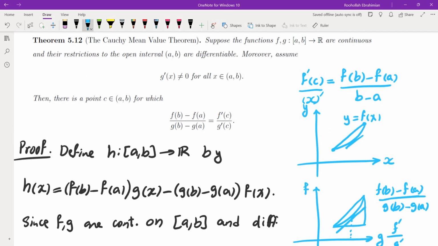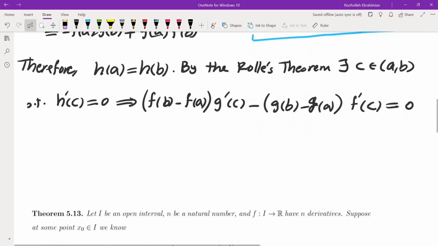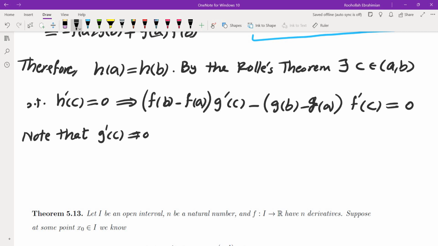Well, we are told that g' is not 0. So therefore I can divide by g'(c). But how about g(b) minus g(a)? Can that be 0? If it could be 0, then that's going to be problematic. So note that g'(c) is not 0 by assumption.